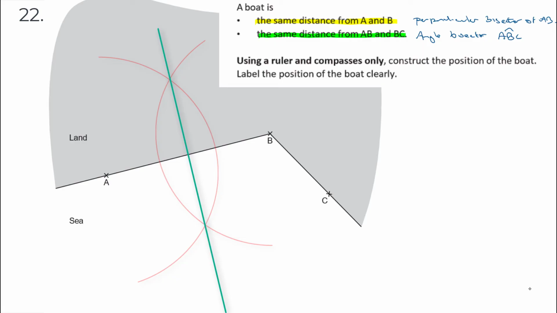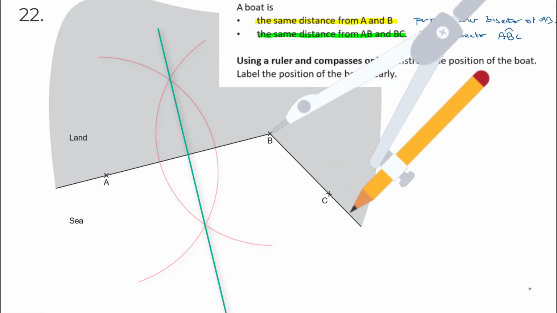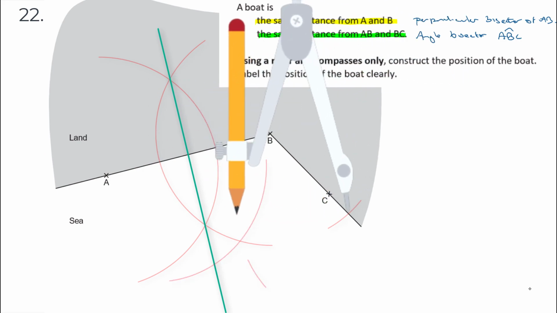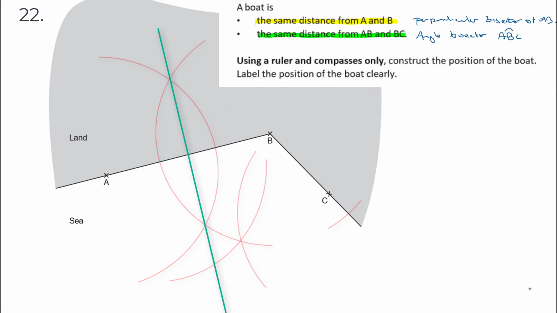And the next thing we need to do is to find the angle bisector of ABC. So again, we set our compass to a particular width, put the compass point at B, and cut AB and BC to find 2 marks. Then you put your compass on those 2 marks and do a second set of arcs in the middle, and then you can join B to that cross.